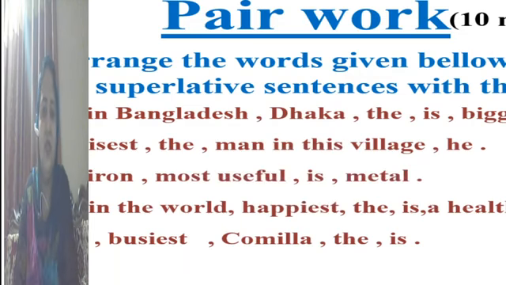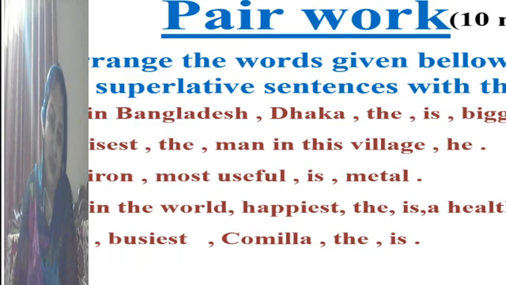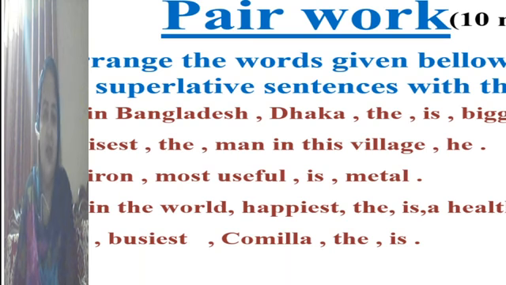I will give some words. Just rearrange them in superlative order. That means I want you to make some sentences by using these words, and the sentences must be in superlative order. My expectation is that you will do it very clearly and very efficiently within these 10 minutes. And I think you don't even need 10 minutes.